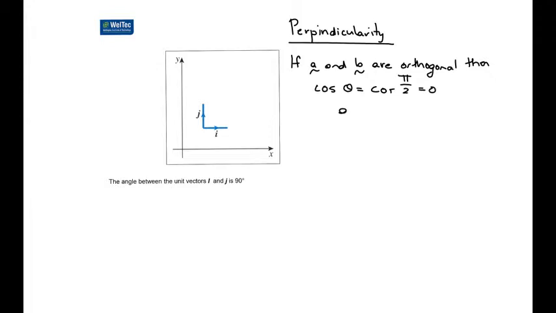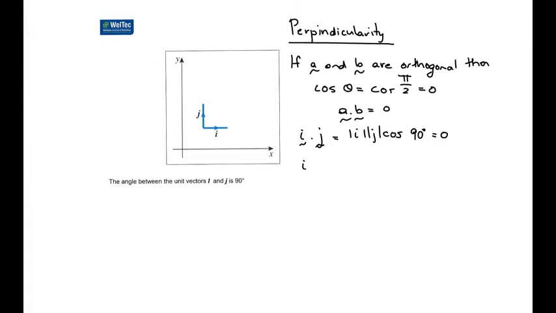So then the dot product would be 0. So we can prove that for i and j, the dot product between i and j would be the length of i times the length of j times the cosine of 90, which would equal 0.